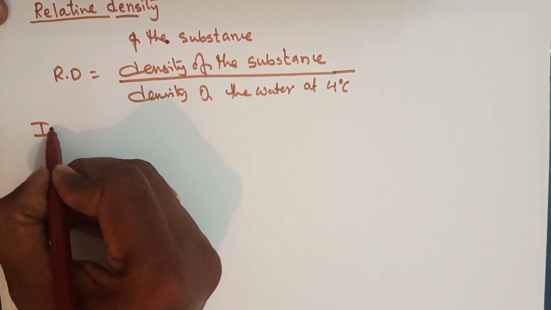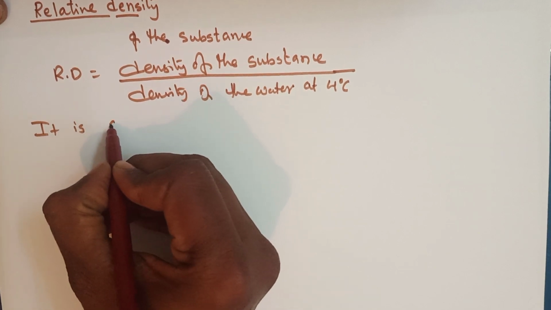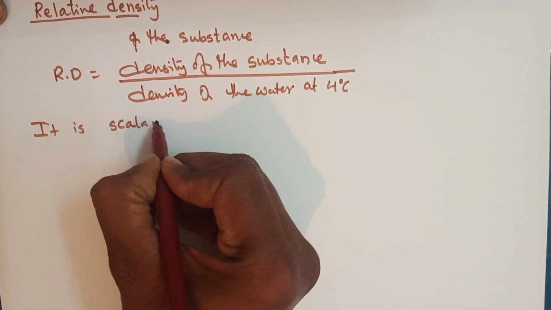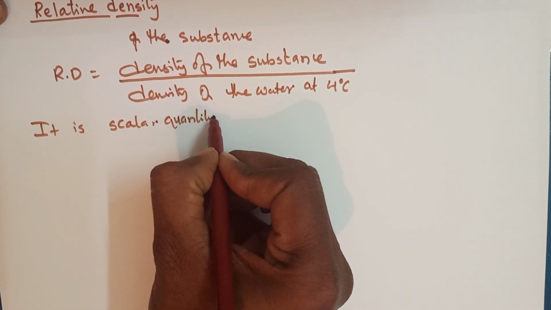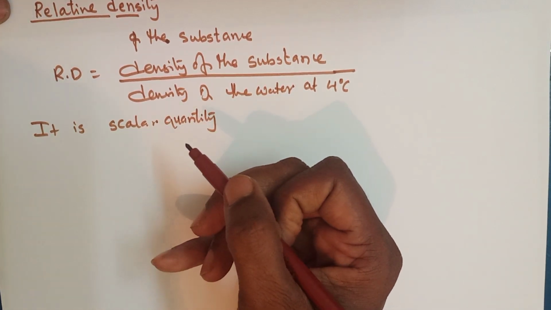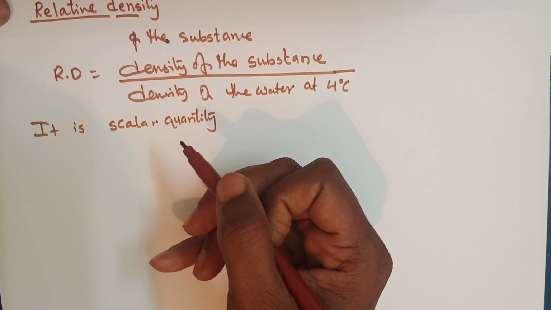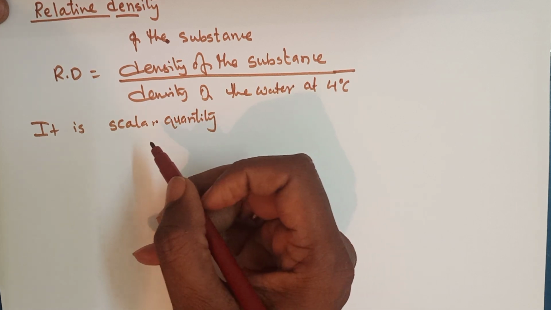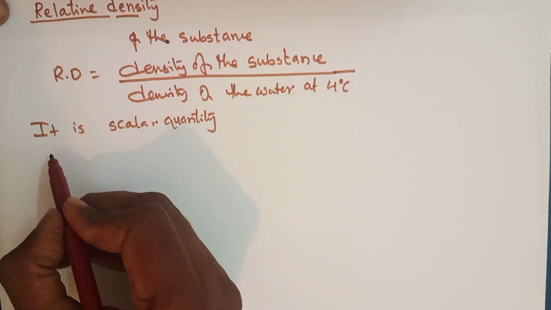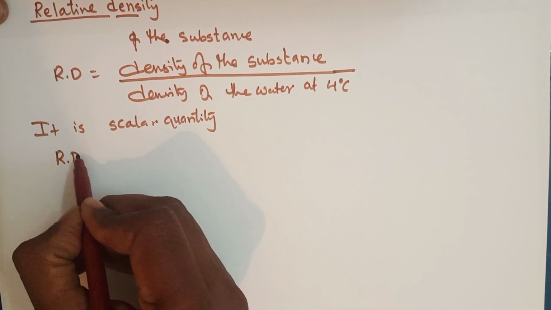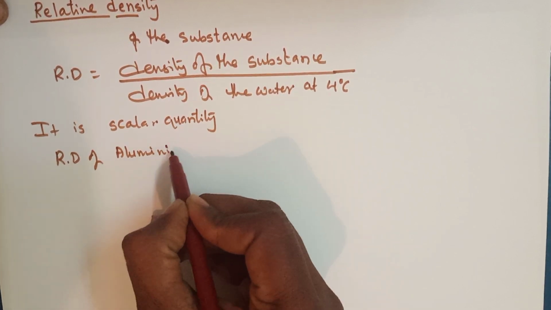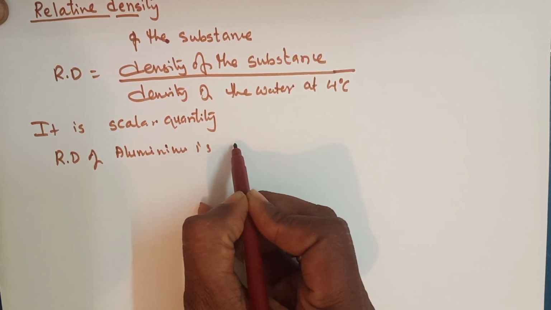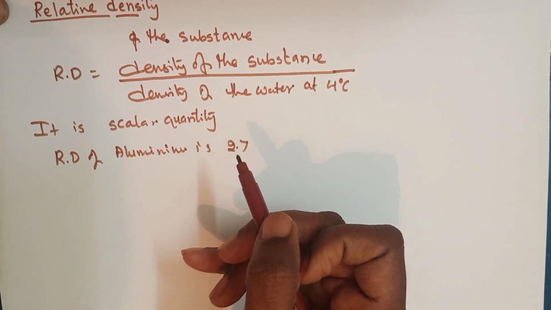It is a scalar quantity. Suppose the relative density of aluminium is 2.7.